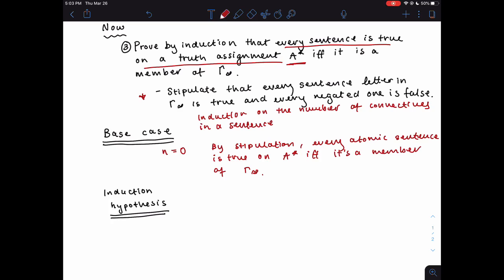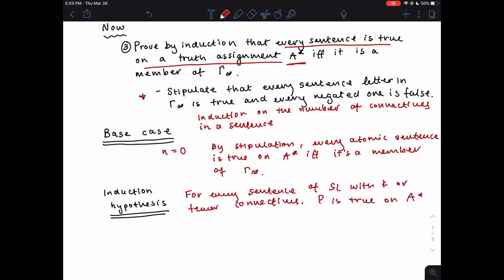For every sentence P of SL with k or fewer connectives, the claim we're trying to prove holds. So P is true on A star if and only if P is a member of gamma infinity. So our induction hypothesis looks good. We're assuming that the claim we're trying to prove holds for everything up till and including k.